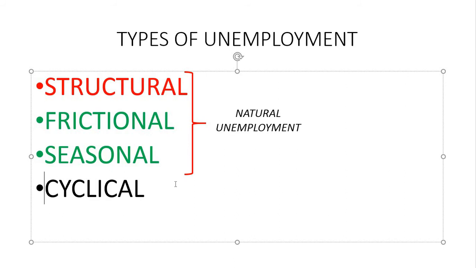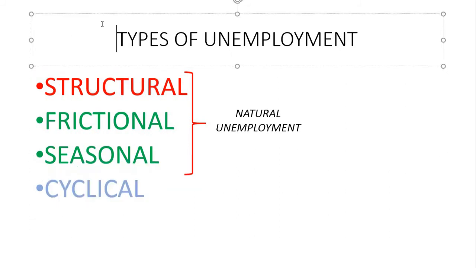And finally, cyclical unemployment arises from the business cycle fluctuation. So for instance, when economy is in a recession, then firms dismiss workers in order to decrease the costs of production because they produce less.